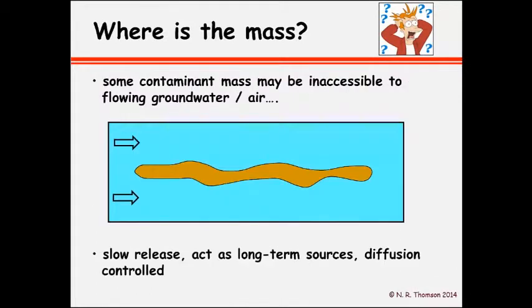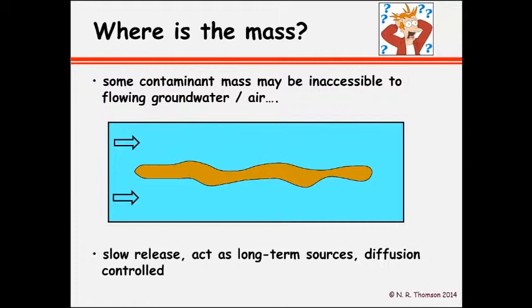So here's an example of mass that has gone into a lower permeability zone. The sketch here is a sketch of a lower permeability lens in brown and a more permeable zone in blue.